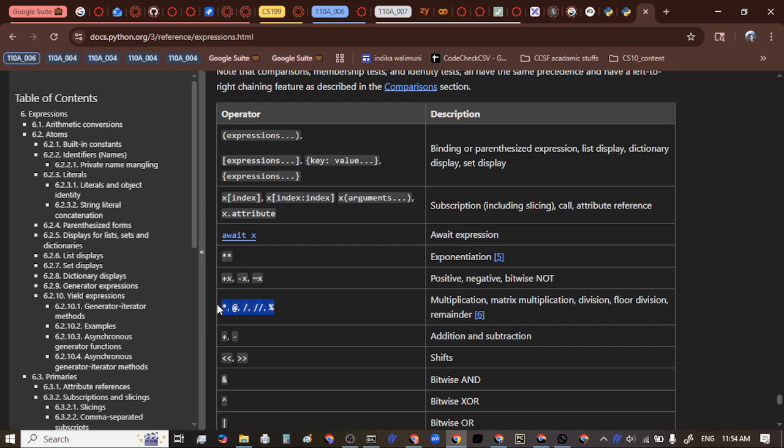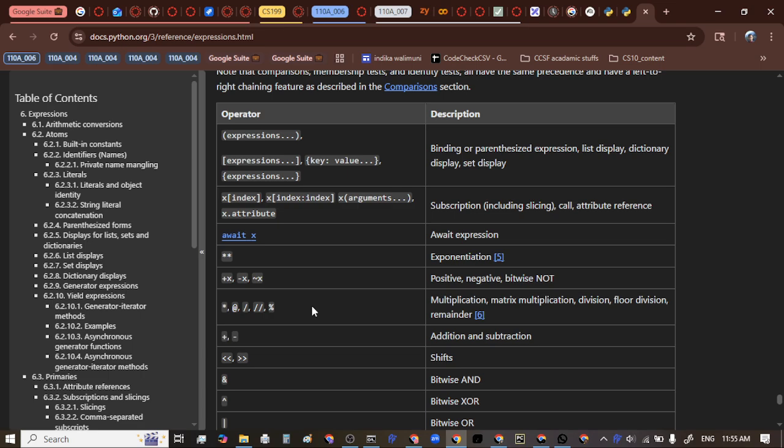left to right. Basically they all have equal precedence. For example, multiplication, division, integer division, modulo, all three have equal precedence. So when we evaluate an expression with multiple of them in a single expression, we go from left to right. Okay, the left to right rule.